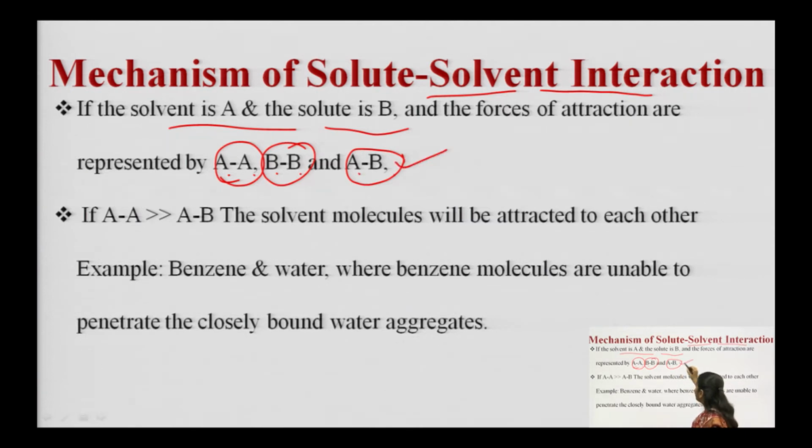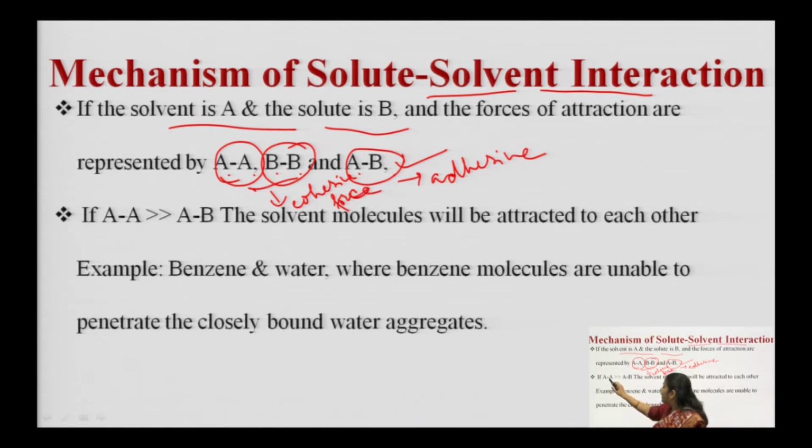So AB denotes the adhesive force, and AA and BB denote the cohesive forces.